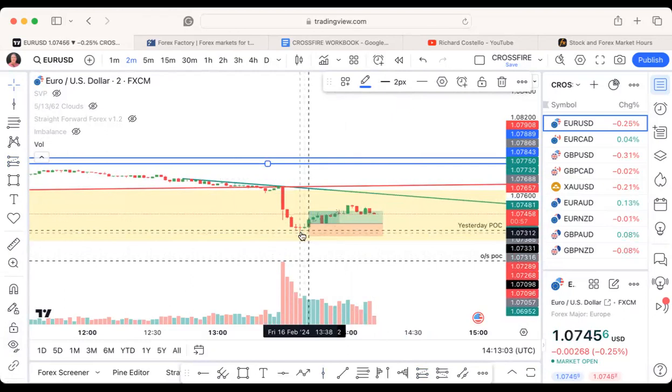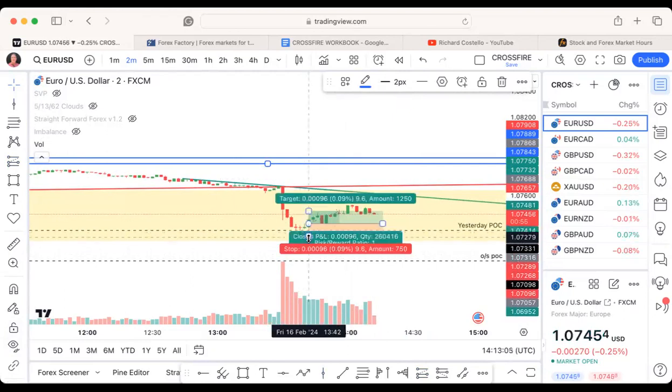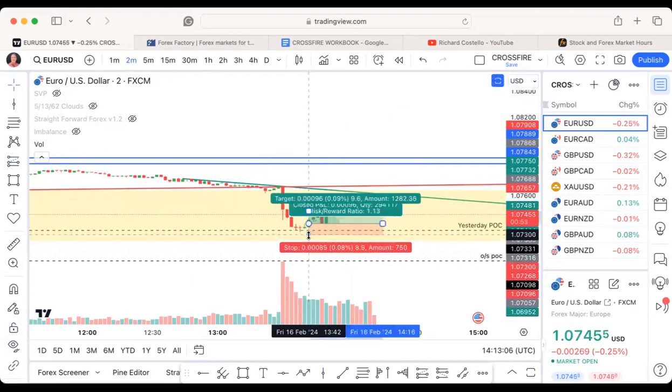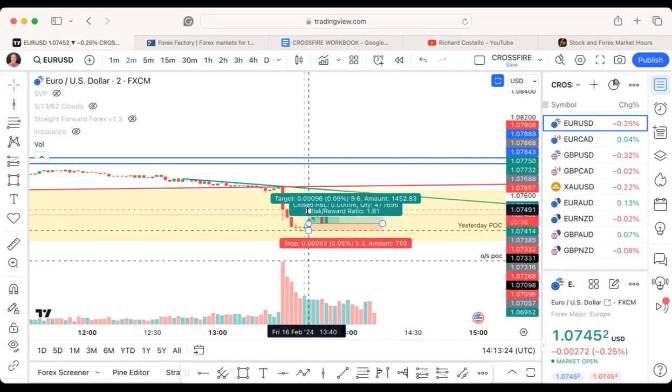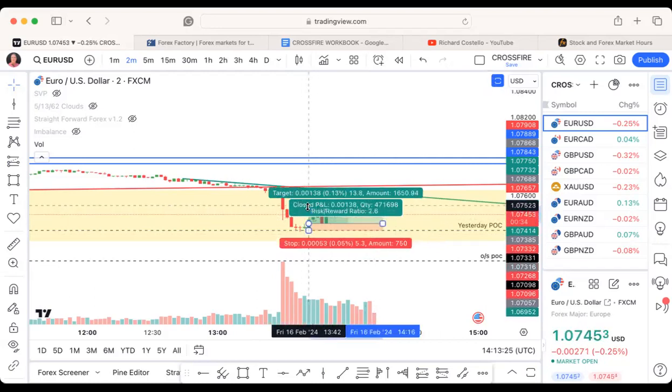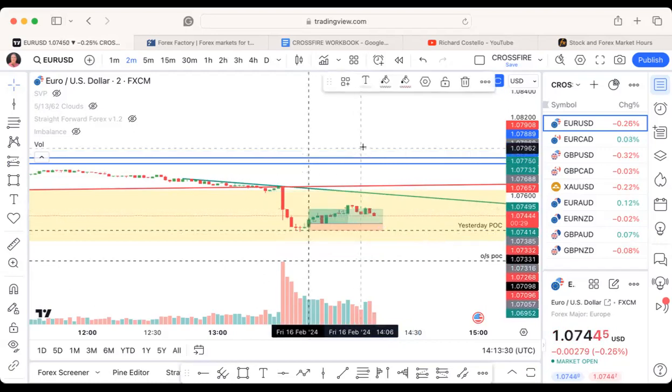So if I go to the bottom of that candle, because that seems to be a bit of a reversal point, a bit further up, maybe I'll probably end up settling on 5 pips-ish. So say my stop loss is there, and I want to get 1 to 2 out of that.